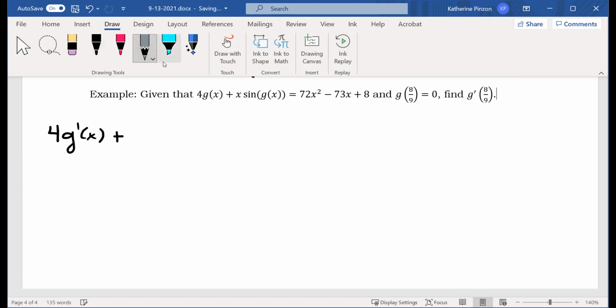Plus, I need the product rule for this guy. My first function is x. My second function is sine of something.